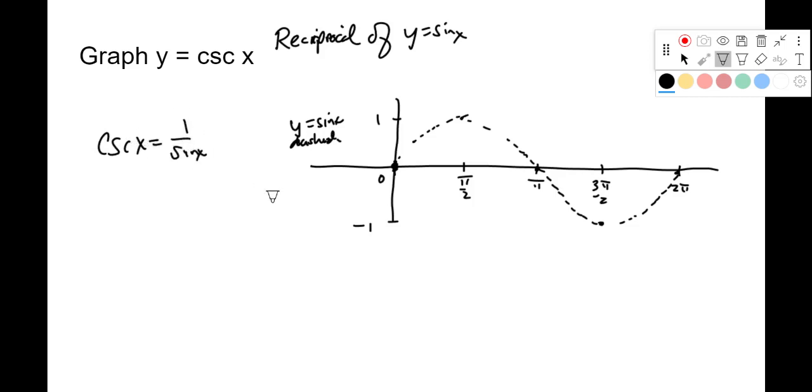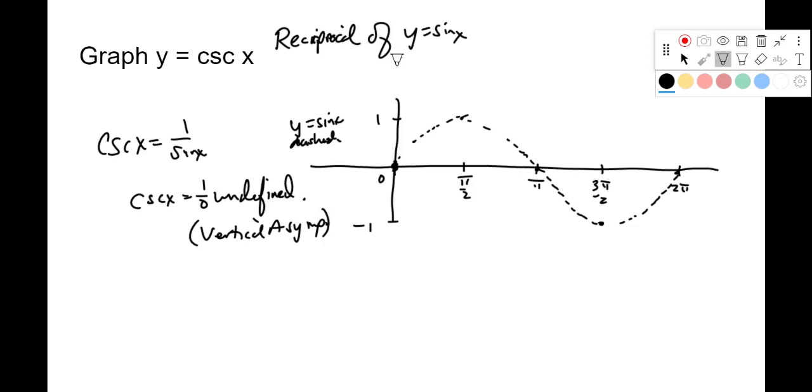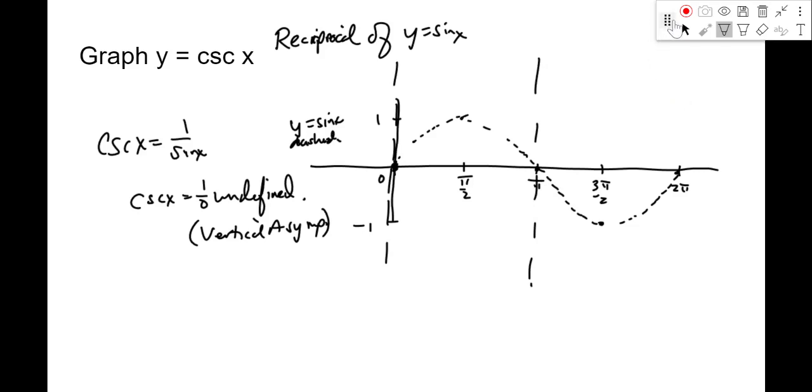So that means cosecant would be 1 over 0. But 1 over 0 is undefined. Undefined means that there's a vertical asymptote on the graph. So that means there's going to be a vertical asymptote on cosecant whenever sine is 0. So we got a vertical asymptote there, we got one there, and we got one here. So there's 3 vertical asymptotes.